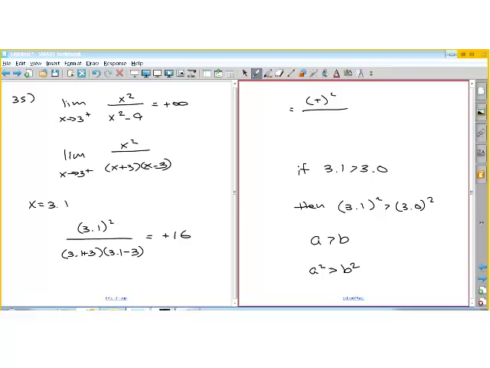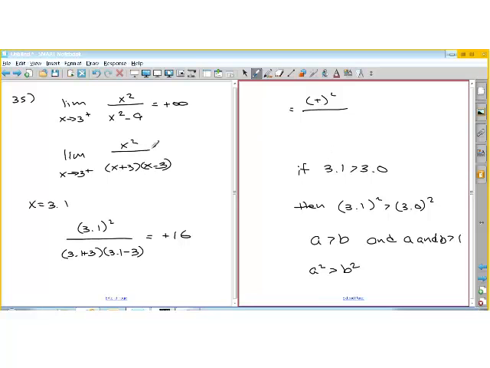So that's not always true. If you had a half and a third, then that wouldn't be exactly true. But in this case both are greater than 1, so that's true.